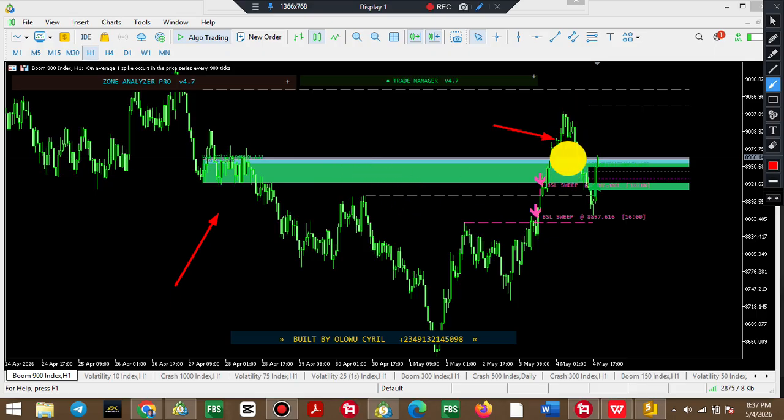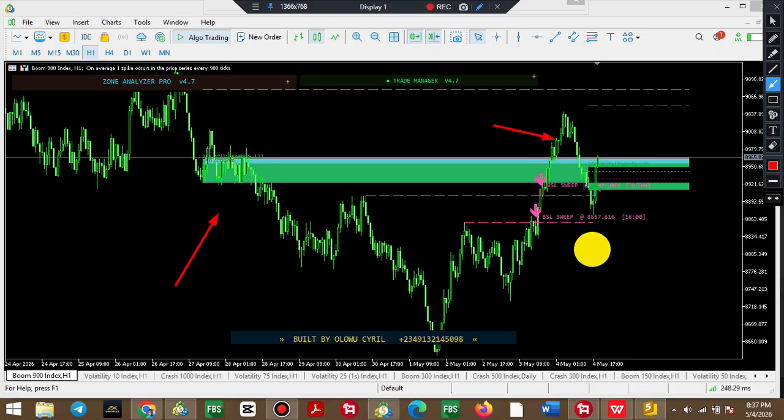So on the mitigation and price going back into that zone, it was able to detect that it's a continuation all the way up. In some cases, those traders who love trading the order block probably must have highlighted this zone down, believing that when price comes into that zone, price should sell all the way down.